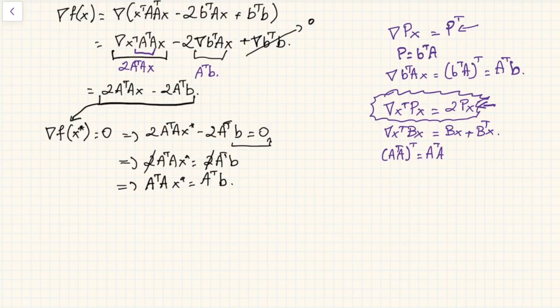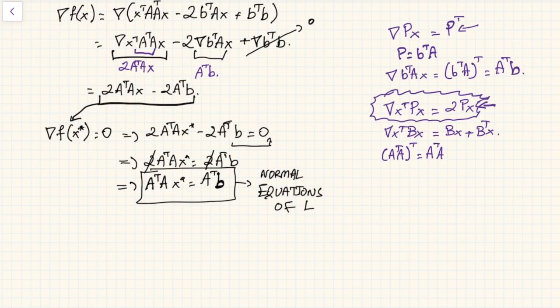And given that A transpose A is invertible, then your solution would be, actually you can stop here and say that this is what I'm looking for. This is the normal equations of least squares.